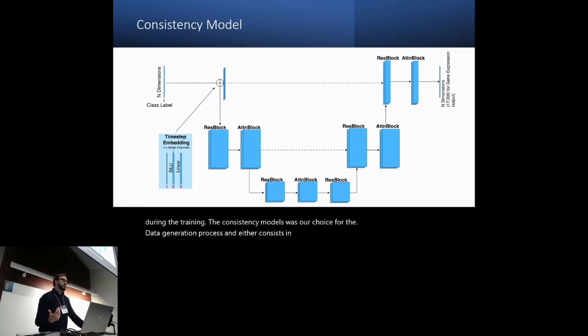This architecture consists of a UNet. It was implemented only for image data, so we had to adjust it for tabular data, which we got for the gene expression. One of the key points here is that we need to noise our data to create noisy versions of it.